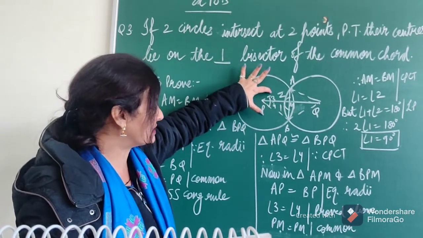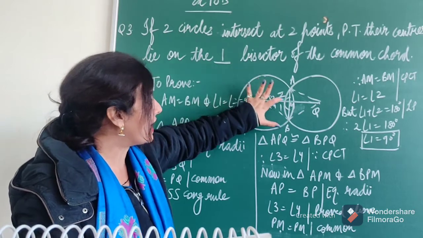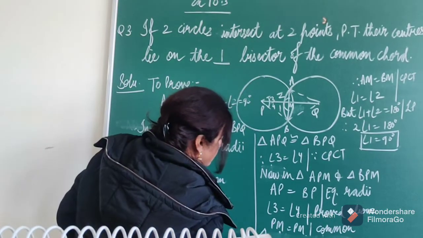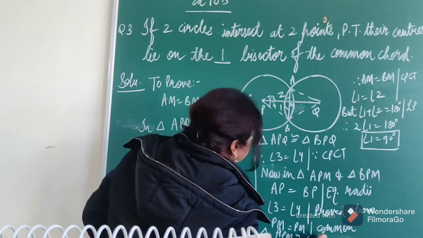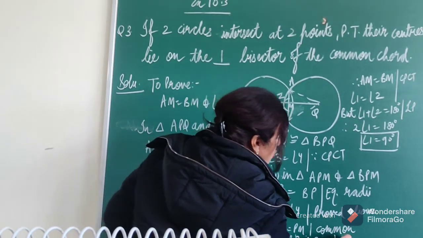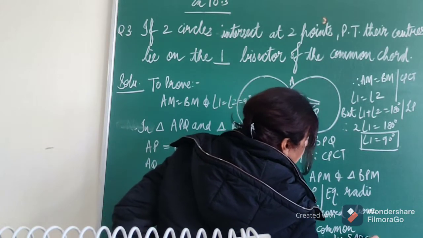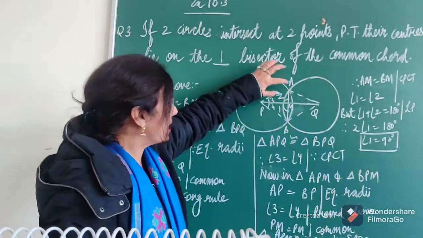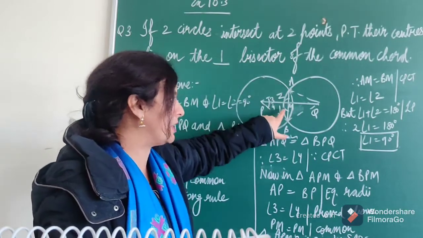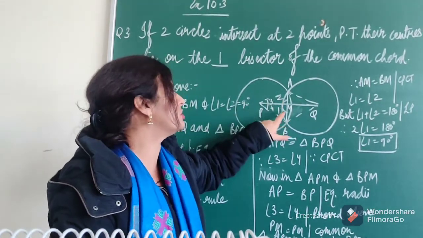So by SAS, triangle APM is congruent to triangle BPM. Because of which congruence rule? SAS congruence rule.